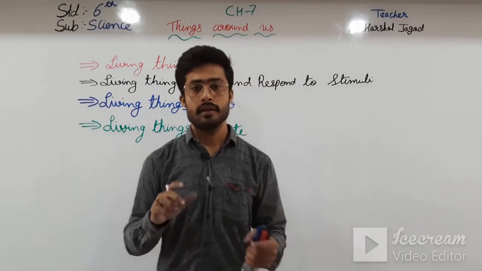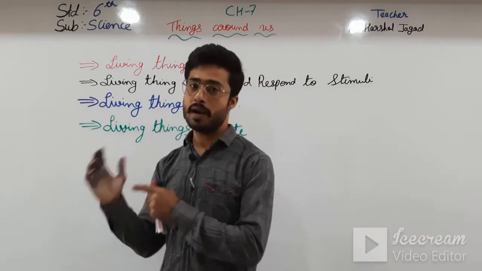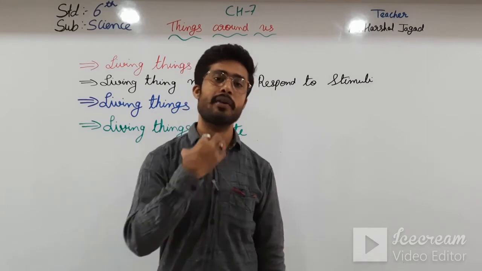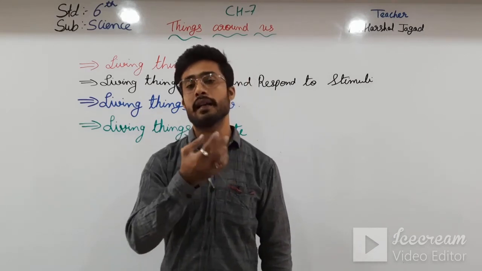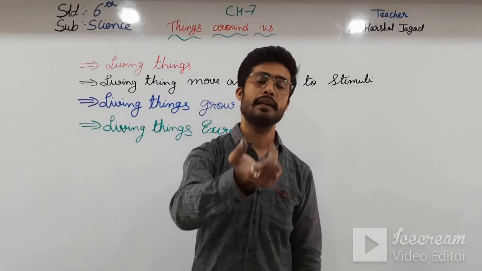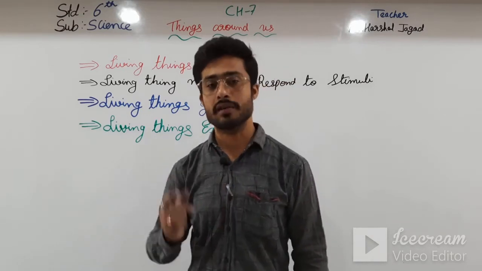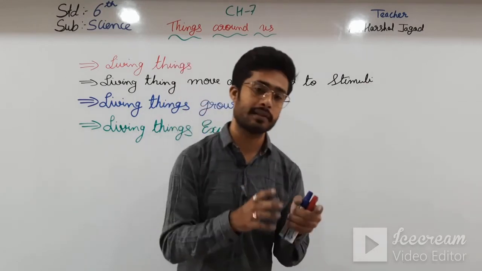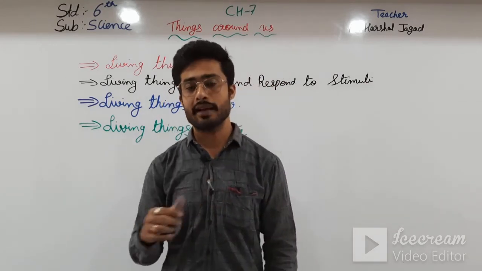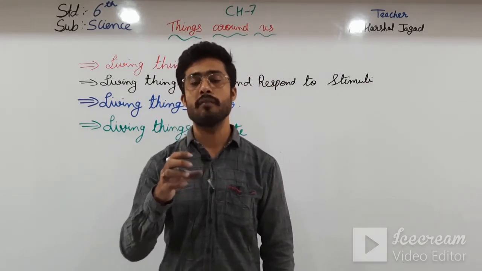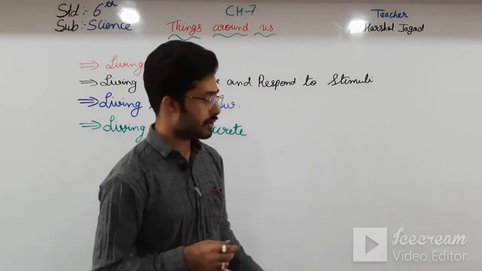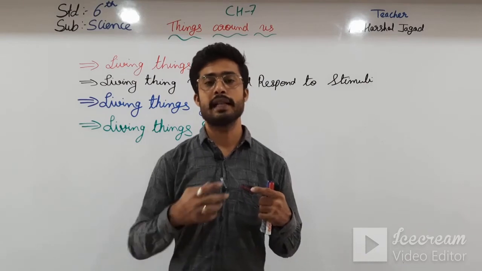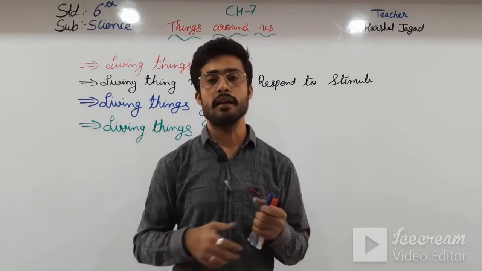Okay students, plants take in carbon dioxide and take out oxygen, and in some way plants excrete harmful things in the form of gum or resin. And for our body, the urine and the carbon dioxide are taken out.